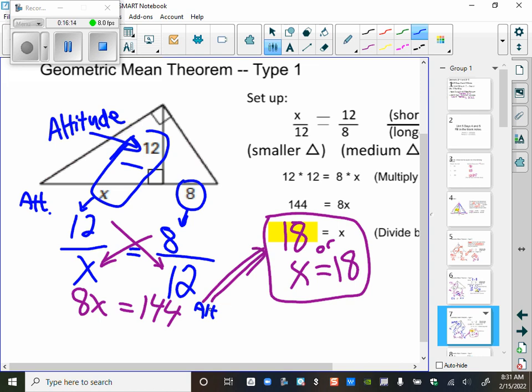And then this last number, drop it on the top. And then you're on your merry way. Okay, questions on this problem? All right. Next ones get a little more complicated, but not by much.